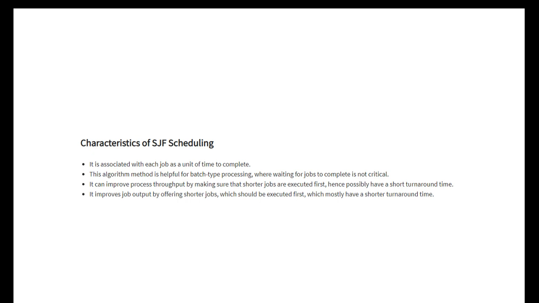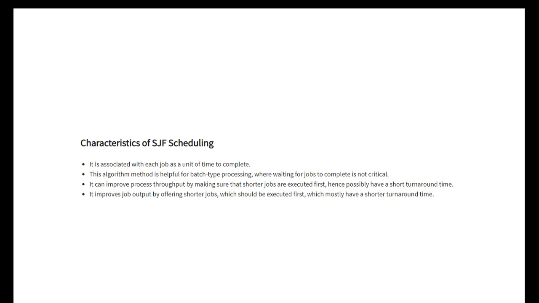It can improve process throughput by making sure that the shorter jobs are executed first, hence possibly having a short turnaround time.